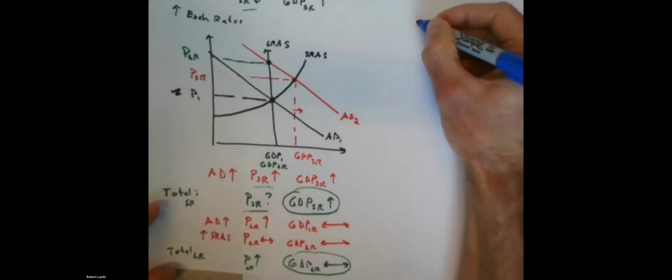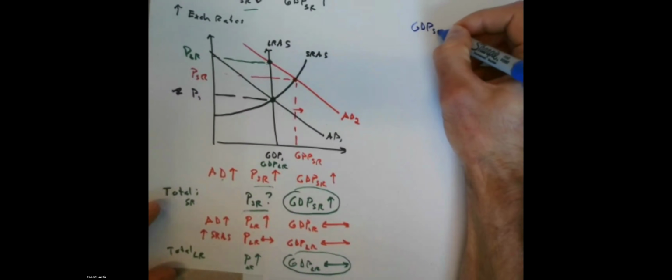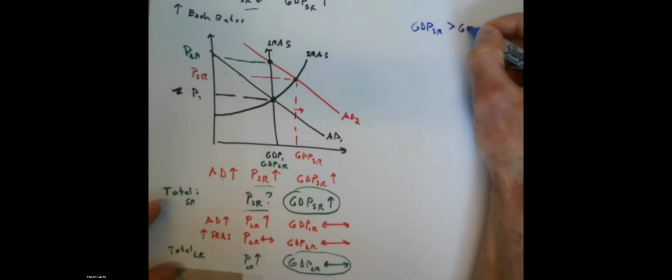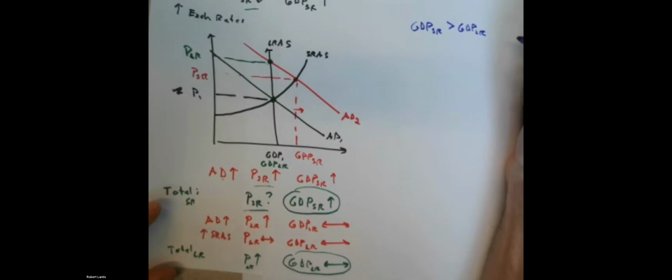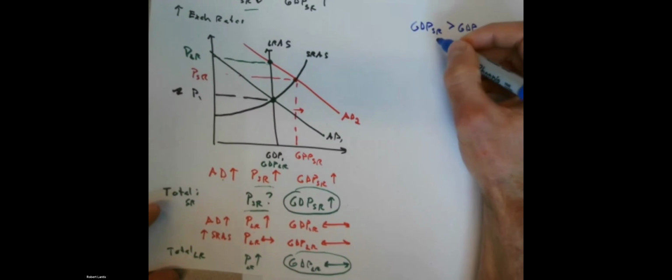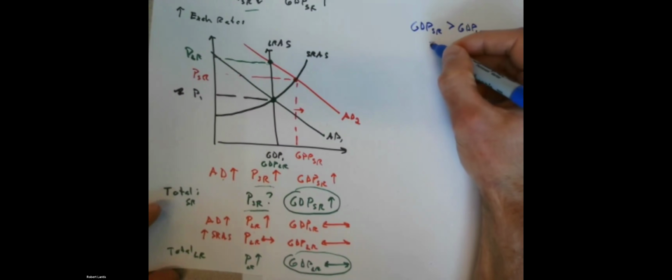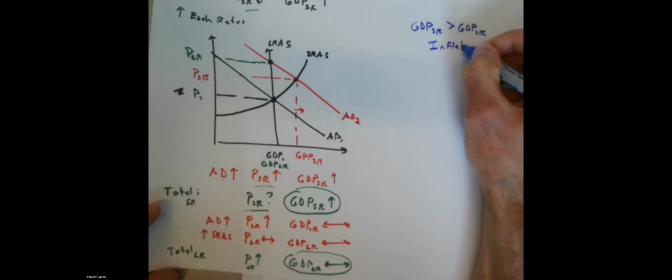Okay. So if that's the case, we know that our short run GDP will be greater than that long run GDP, in which case we know that we're going to have an inflationary gap.